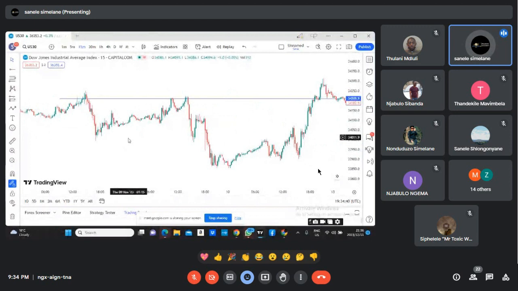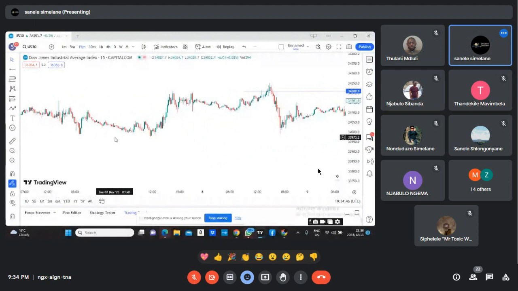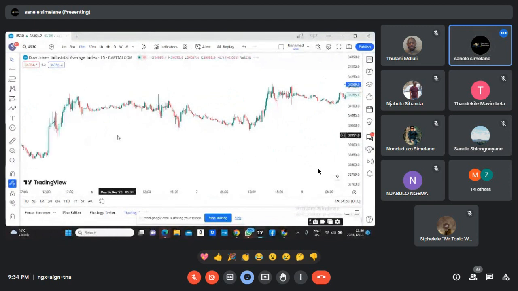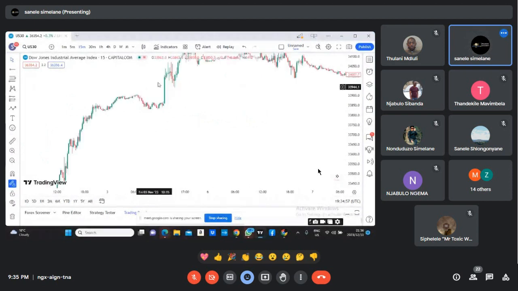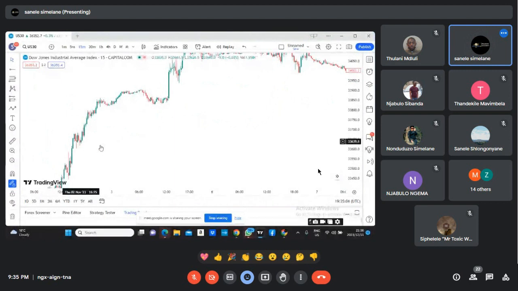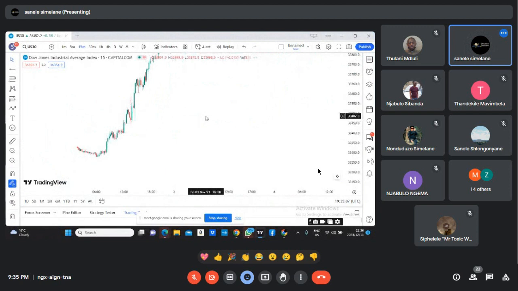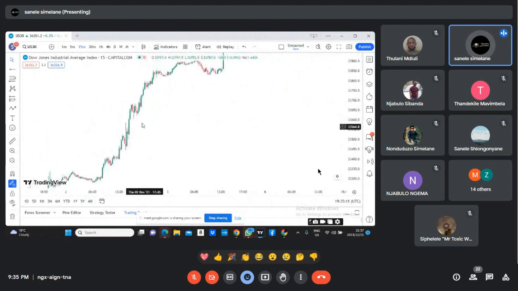The market will do this on US30, not on gold. This is also an arrow candle right here. So how do you make an entry on an arrow candle? Same concept as a DP.